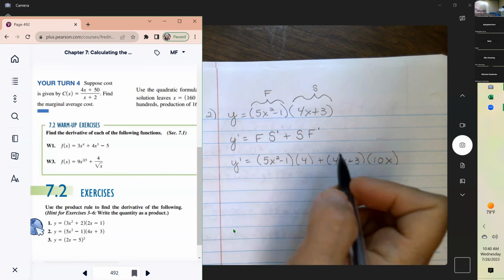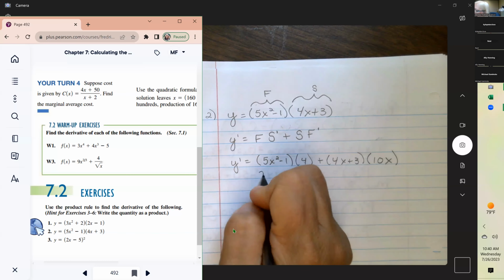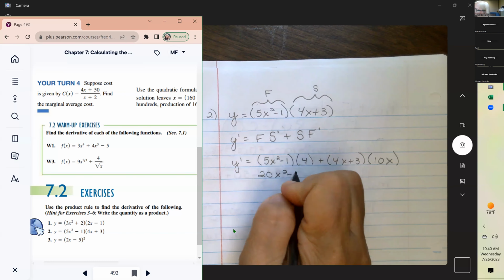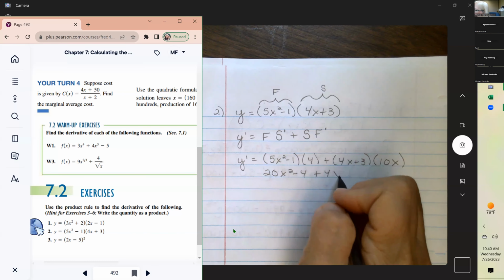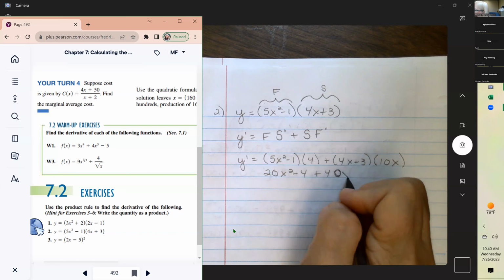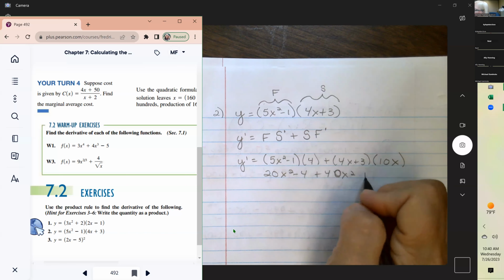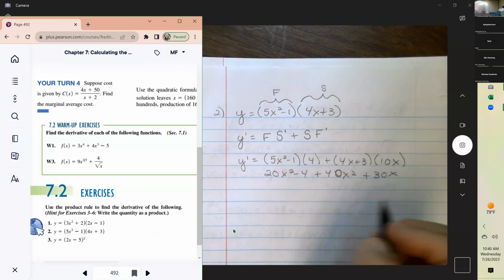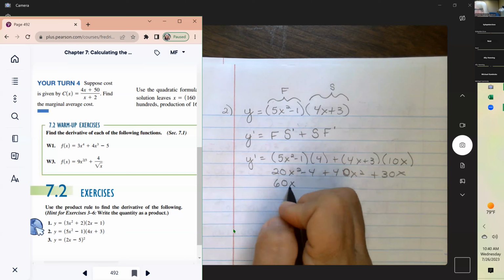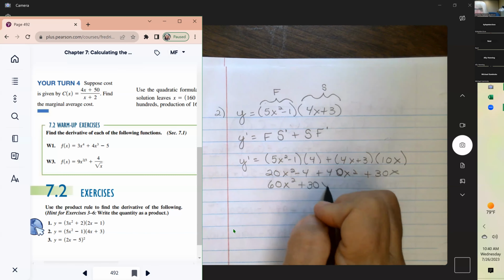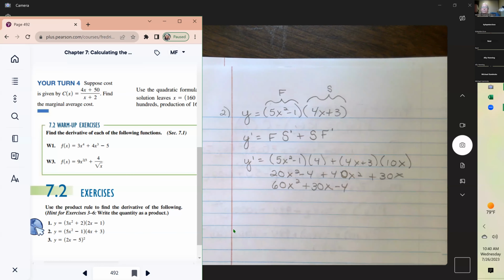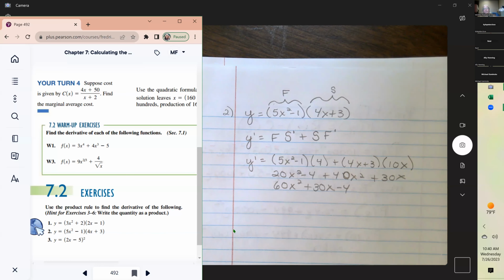You could FOIL it. 20x squared minus 4 plus 40x squared plus 30x. Combining like terms. Any questions?